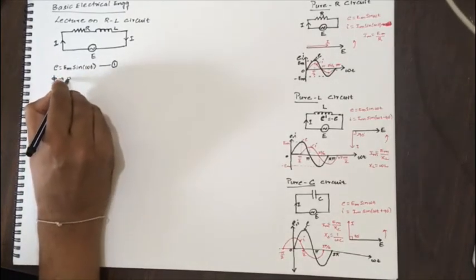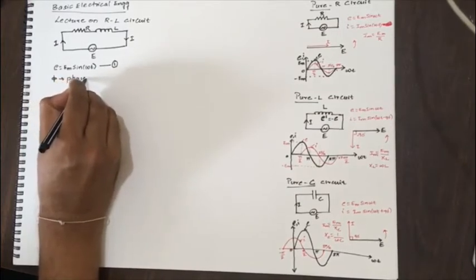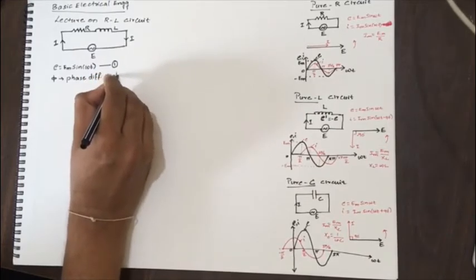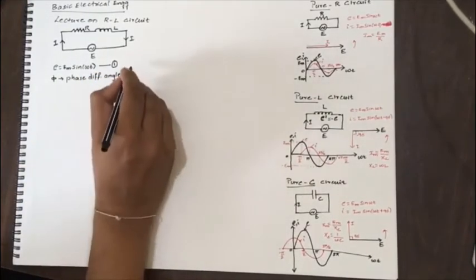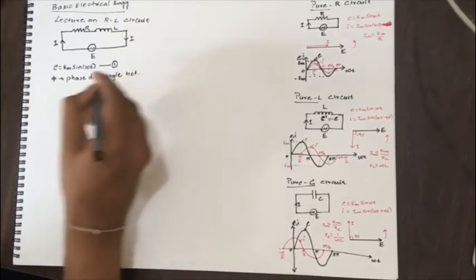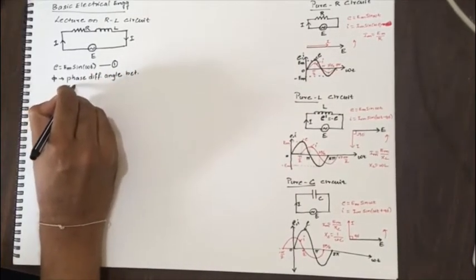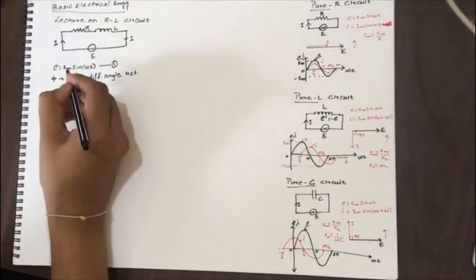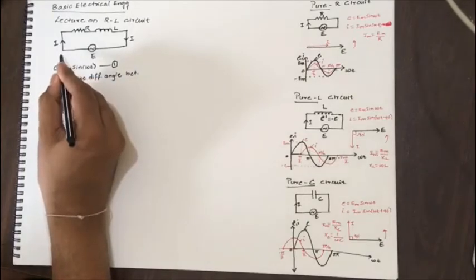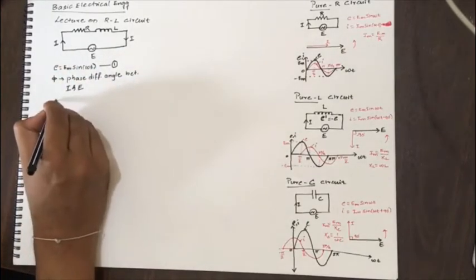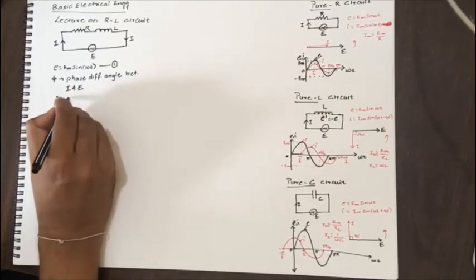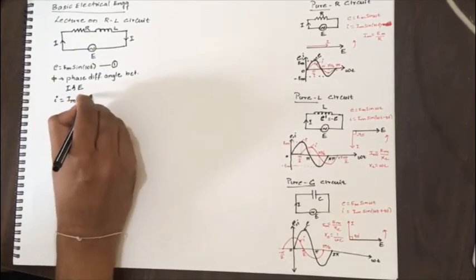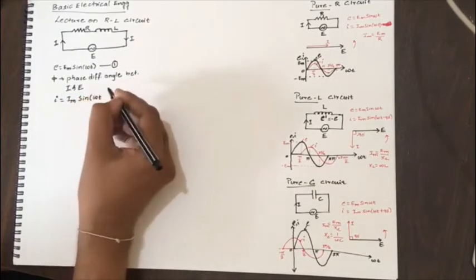It is the phase difference angle between I and E. Okay. Therefore, the instantaneous equation for the current, I can write it as I equals Im sine of omega t.